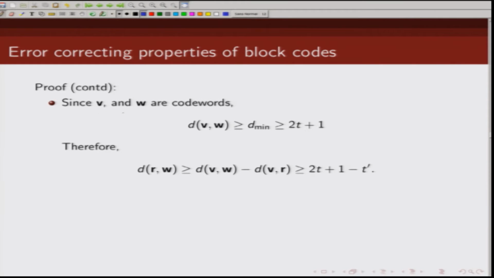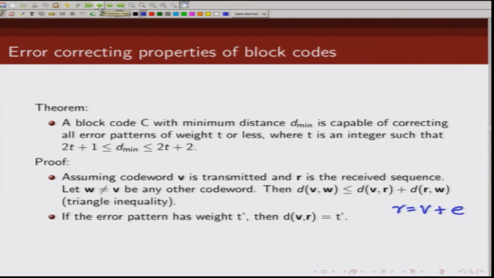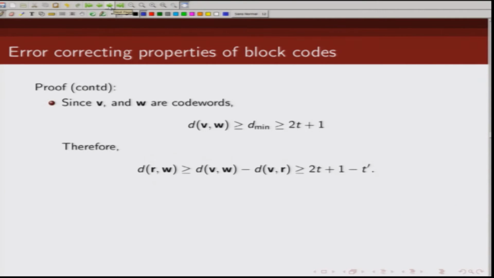Now, since V and W are valid code words, the Hamming distance between V and W is at least equal to the minimum distance of the code. In the beginning we defined that our minimum distance is at least 2t plus 1. So, from these two we can write that the Hamming distance between V and W is greater than or equal to 2t plus 1.